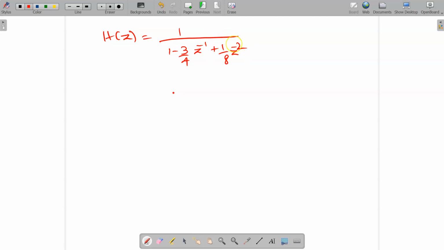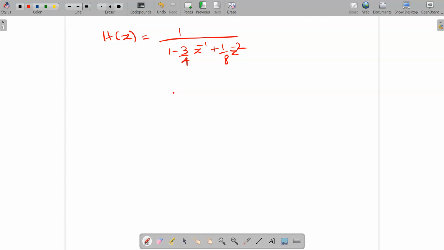Split this into two sub-transfer functions since we have z power minus 2. If we had z power minus 3, we could split it into three sub-transfer functions: H1 of z, H2 of z, and H3 of z.